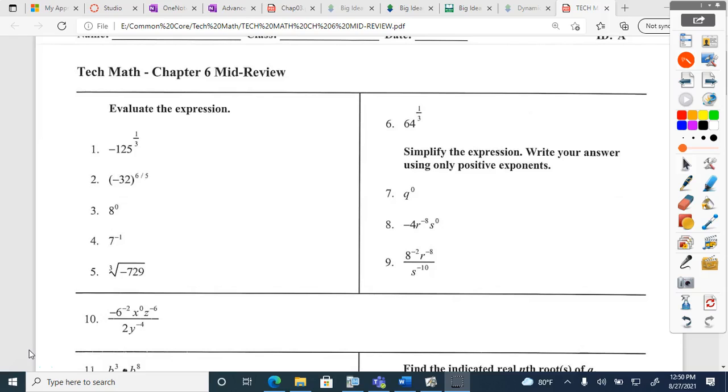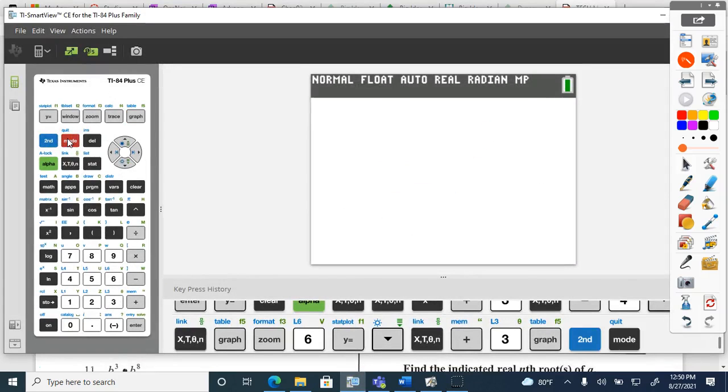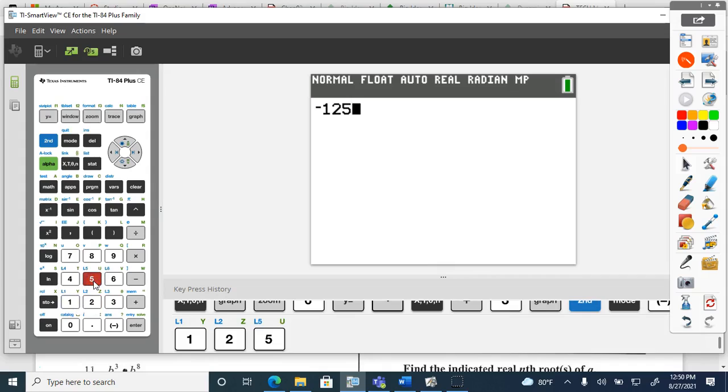So, here we go. The first five problems, you're just putting it in your calculator. Okay? So I'm going to make sure we all know how to put this in our calculator. We go to our calculator and we type in negative 125, and then for that little exponent, we're going to use the little button right below the clear, okay?